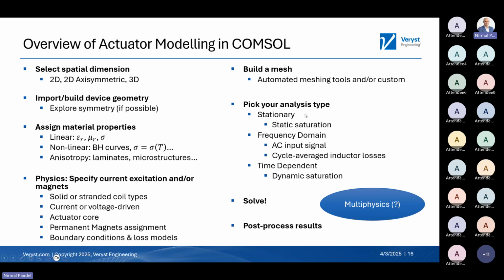Then the next step is the analysis type. You can do a static analysis, a frequency domain, or time-dependent studies, depending on the type of problem we're solving. Once you solve, boom, then you do the post-processing of results and add other physics to capture other effects.